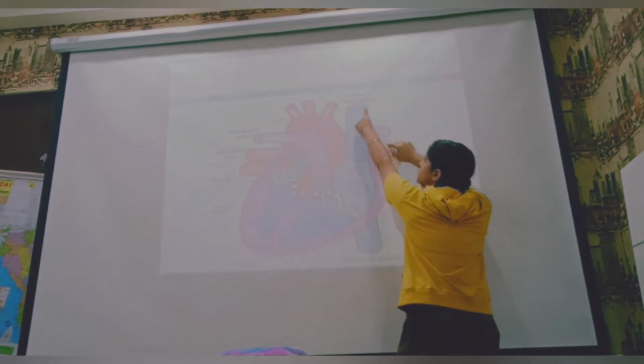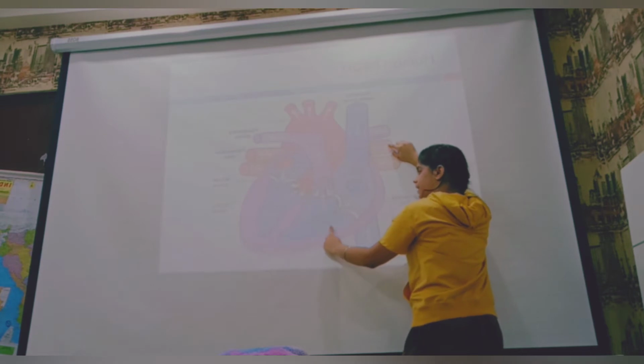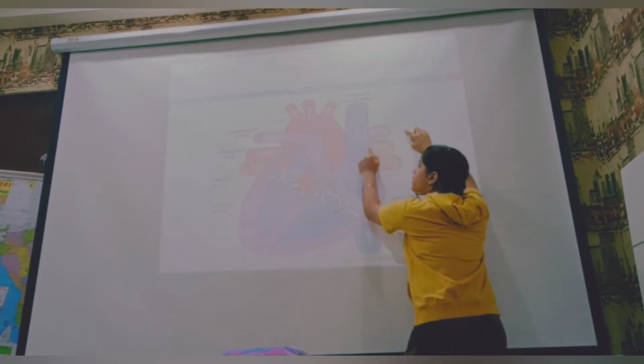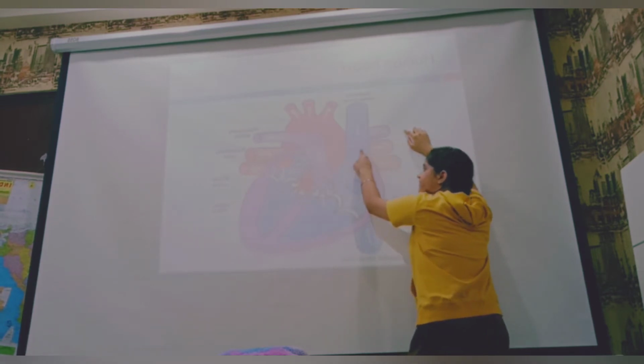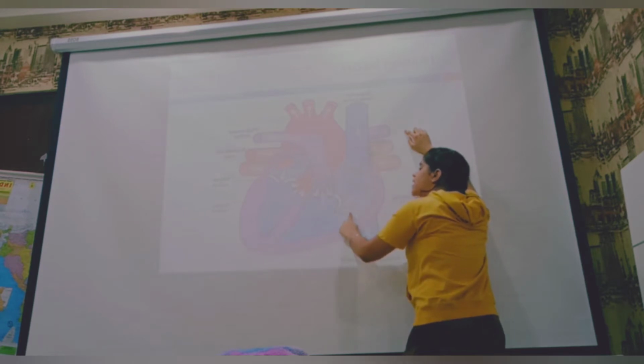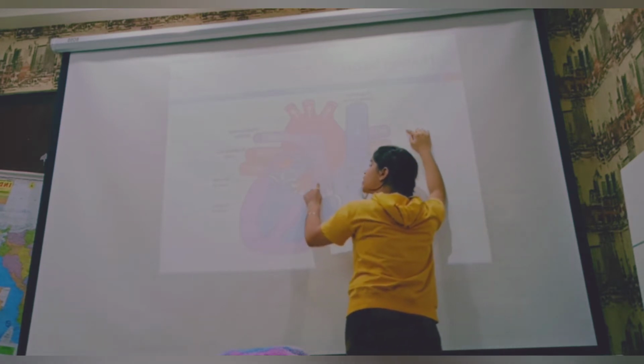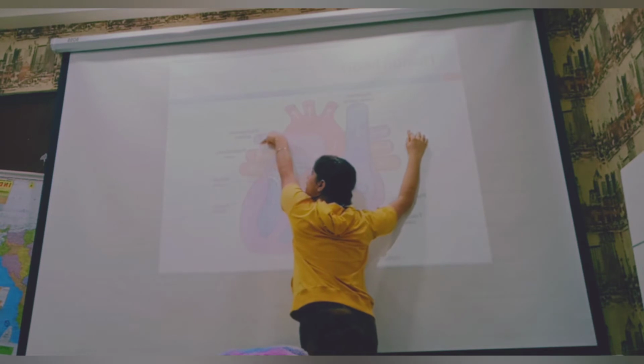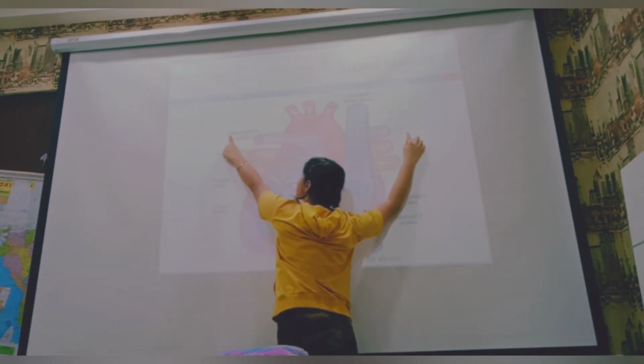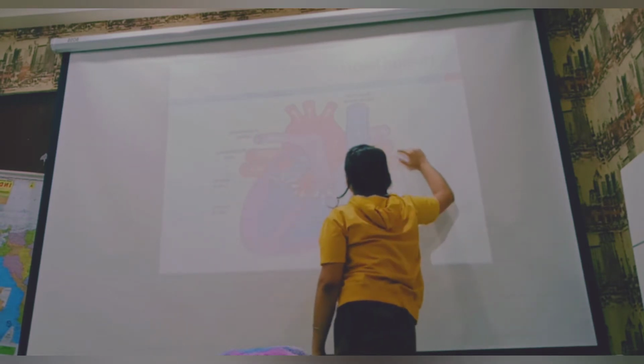अब what happens is कि blood enters like in here, ठीक है? Through your pulmonary veins. It enters in.